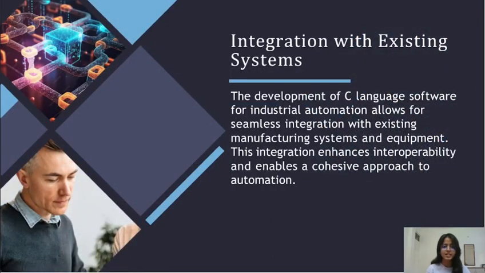Integration with existing systems. The development of C language software for industrial automation allows for seamless integration with existing manufacturing systems and equipment. This integration enhances interoperability and enables a cohesive approach to automation.